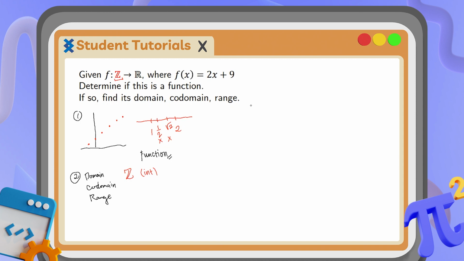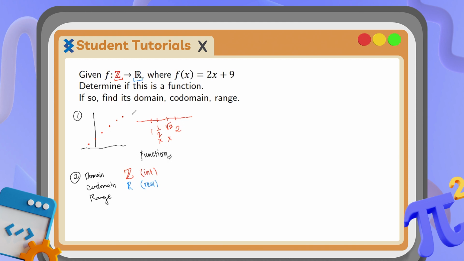Next, we have our codomain, which is the possible outputs generated by the function. So that would be real numbers, or basically where all the outputs would belong to. And we have the range, which is the actual values generated by the function.